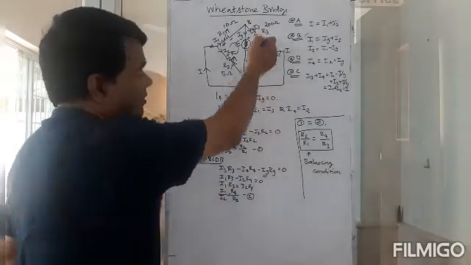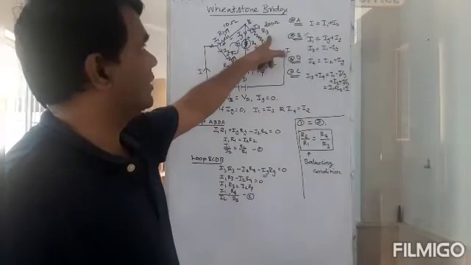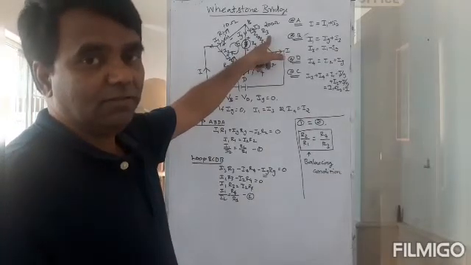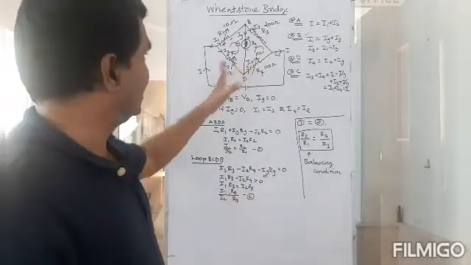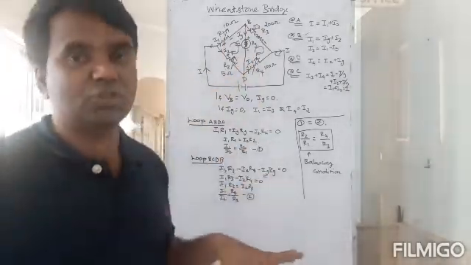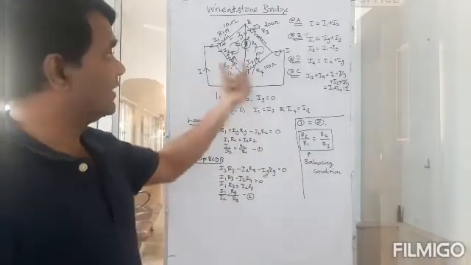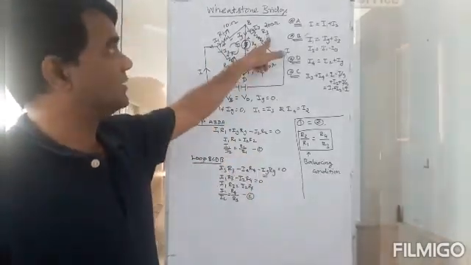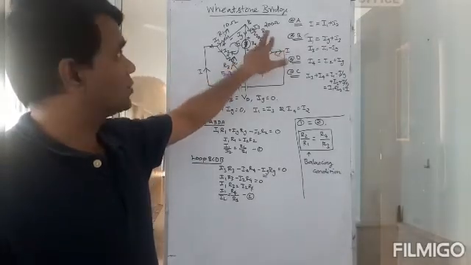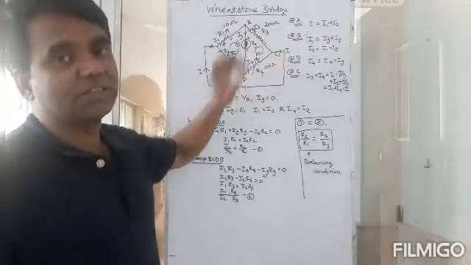Then I can connect this unknown resistance here as R3. Should I connect it only at this position? No, that's not needed. I can connect it anywhere else too. Wherever I connect, this will work. But I'm choosing this as the place for the unknown resistance. So I connect the unknown resistance here.